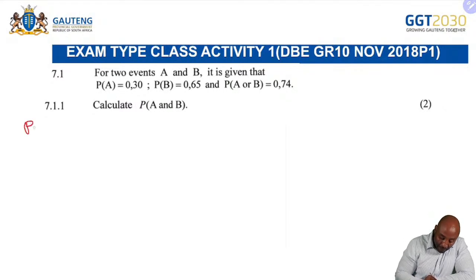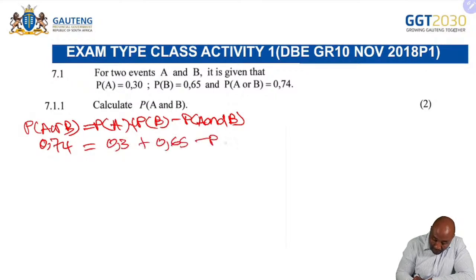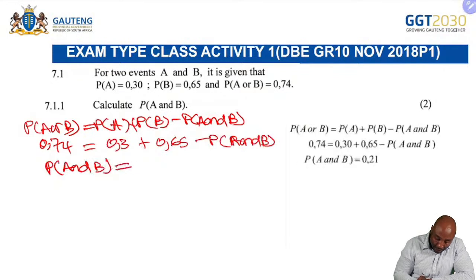So the probability of A or B is given by the probability of A plus the probability of B minus the probability of A and B. So we are going to substitute 0.74 is equal to 0.3 plus 0.65 minus the probability of A and B. So the probability of A and B will be given as 0.21 after rearranging.